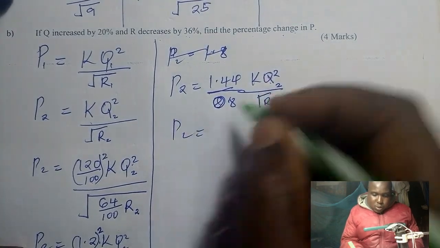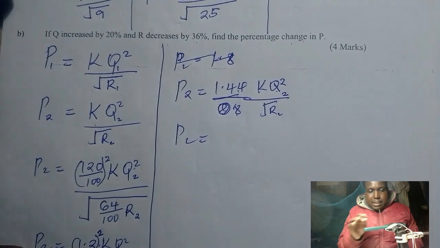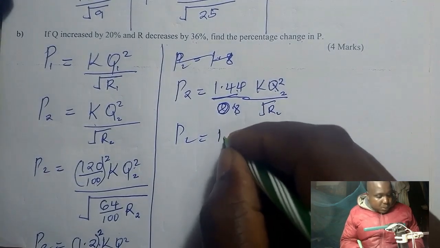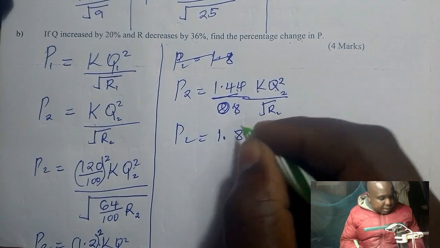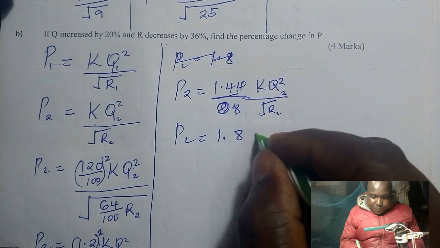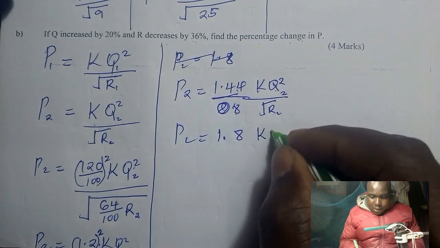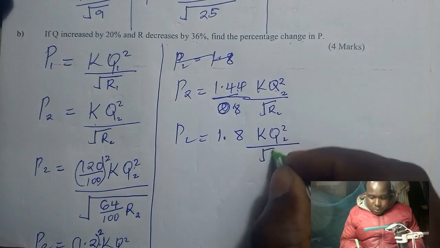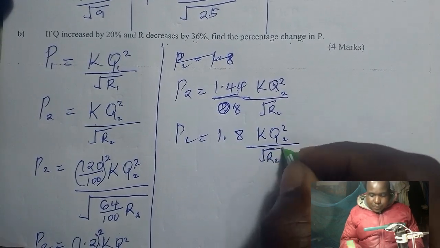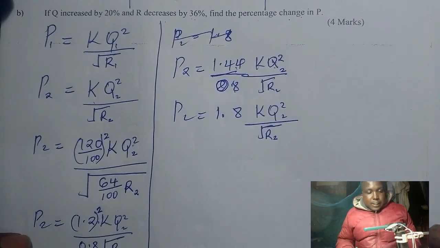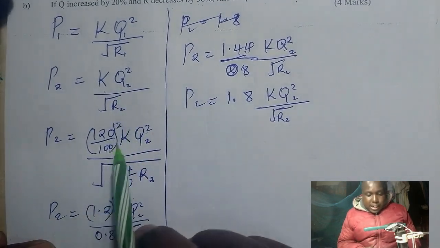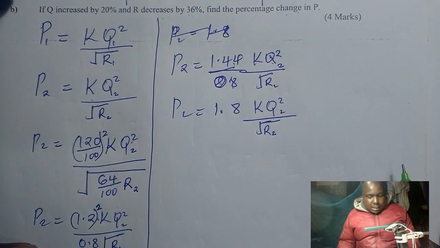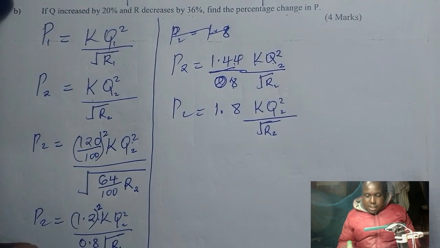So P2, you divide by this, 1.44 divided by 0.8, you get 1.8 K Q2 squared divided by root R2. Remember, it was squared. You must remember to square. Please don't forget that. Now what we have is P2.